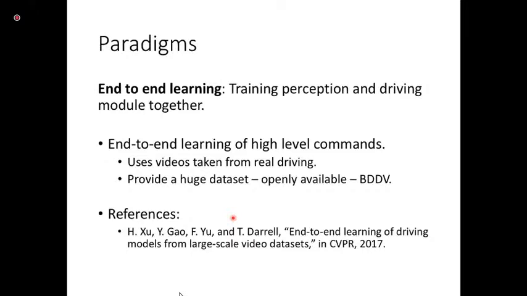This is closer to what humans do. High level commands can be, let's say, turn right, go straight, or stop. Once you have the high level commands, the next stage is actually very simple and predictable.